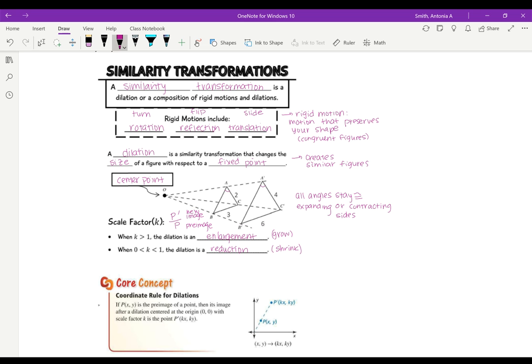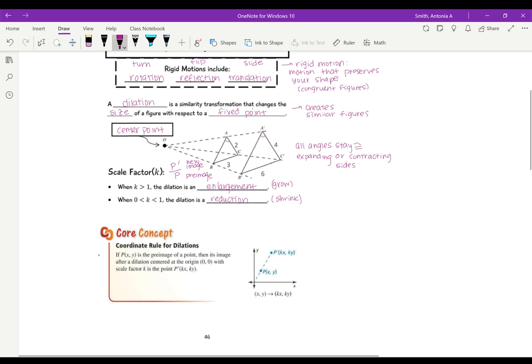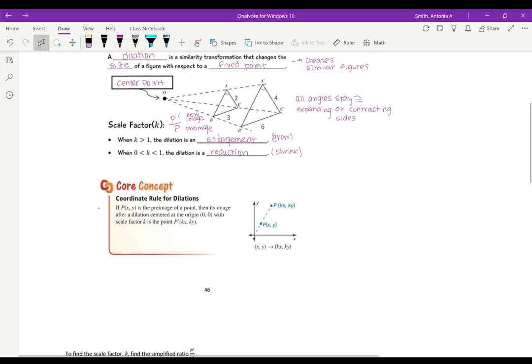Let's look at this core concept here. When we're talking about dilations on a graph, if point P, which is (x, y), is the pre-image of a point, then its image after a dilation centered at the origin with scale factor k is the point P prime.